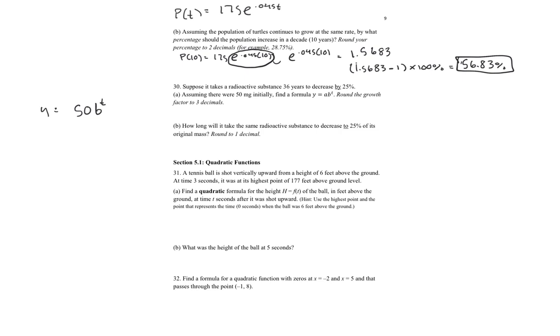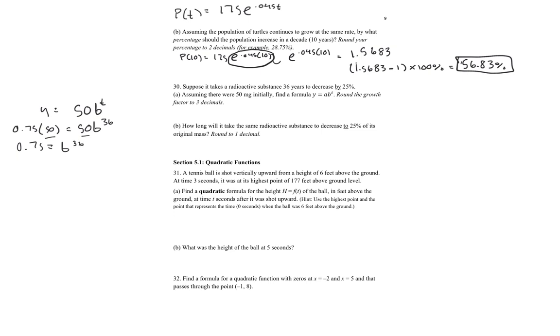So we're going to have 0.75 times our initial amount, and that's going to be equal to 50 times b to the 36, right? Because it took 36 years to do that. And so then we can divide by 50 on both sides, so then we get 0.75 is equal to b to the 36.